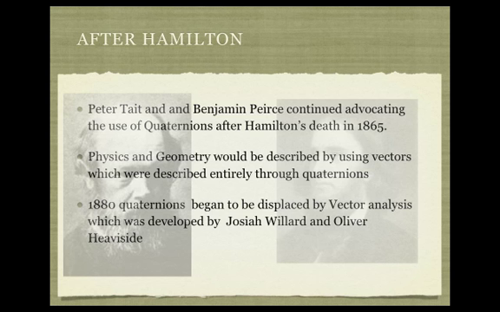However, in 1880, quaternions began to be displaced by vector analysis, which was developed by Josiah Willard Gibbs and Oliver Heaviside. These two people also continued advocating that quaternions can be used to describe vectors, analysis, and numerous other things.